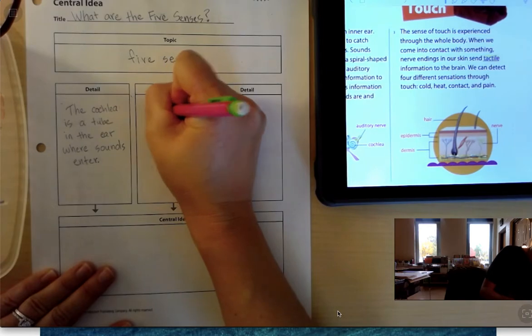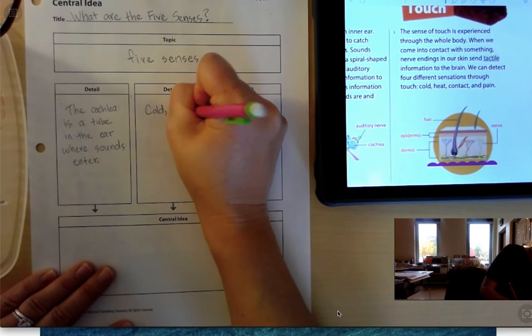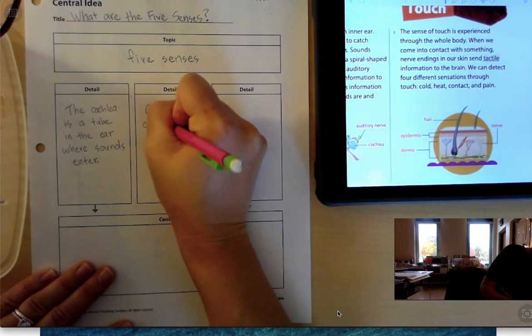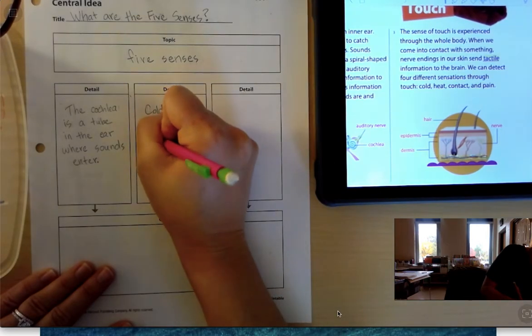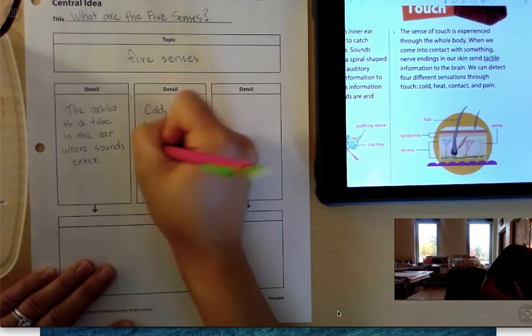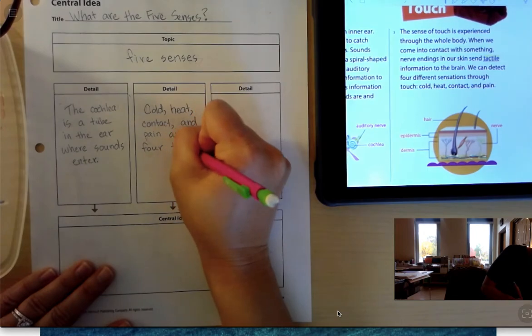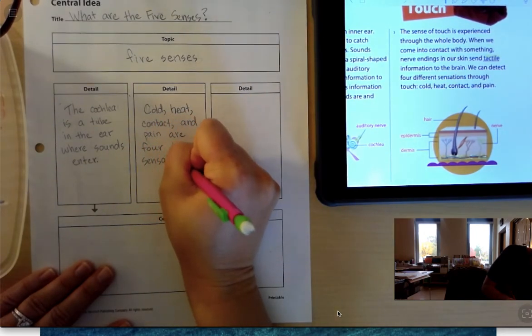Cold, comma, because it's a list, heat, comma, contact, comma, and pain are 4 touch sensations. Period, and a sentence.